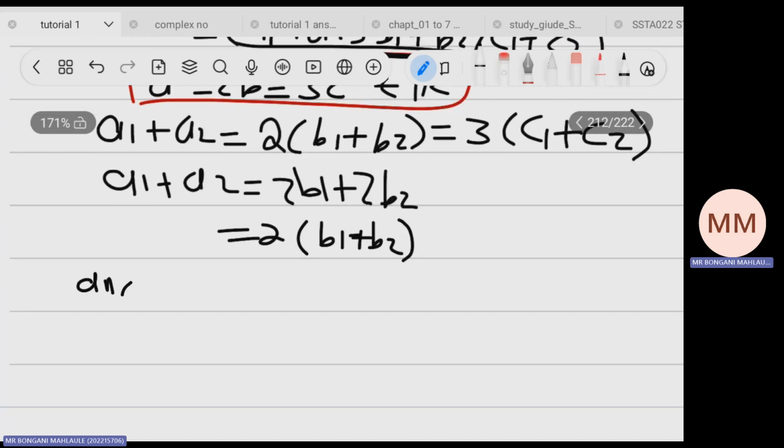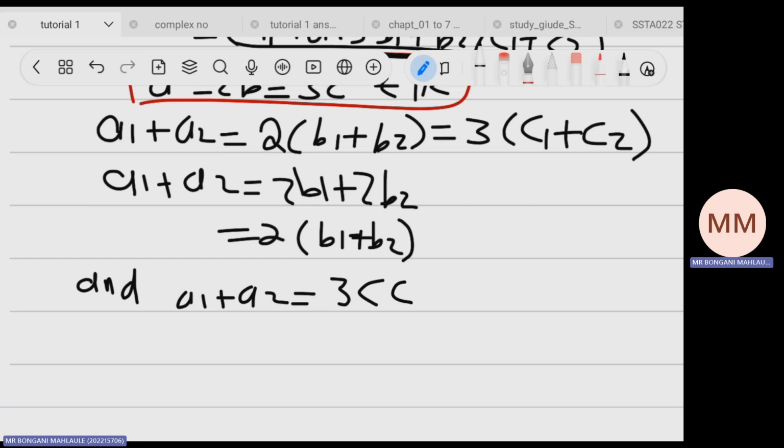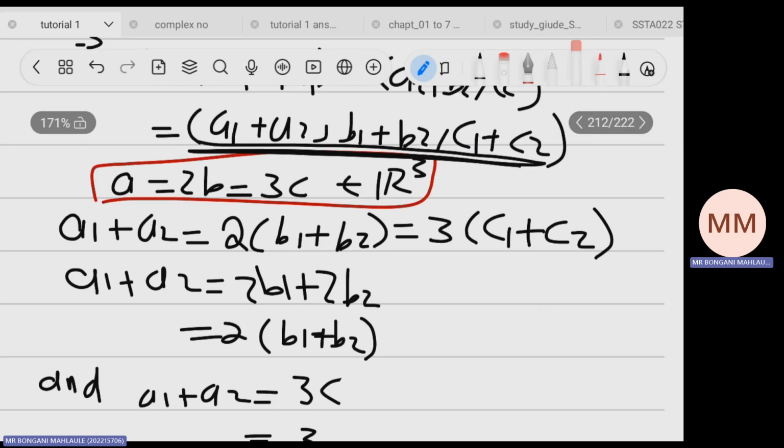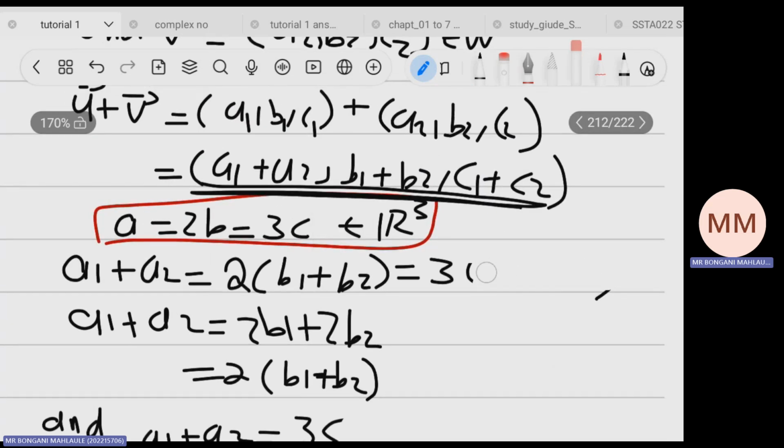And also C1 plus C2. This is the same as, remember when we multiply this one with 3, you'll get 3C1 plus 3C2.